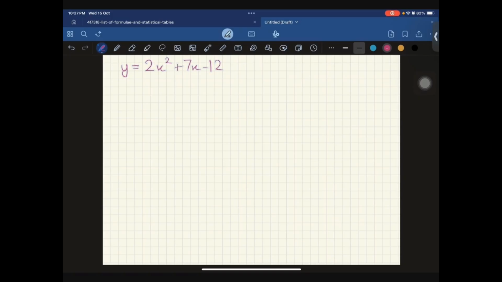Sir, will it be like 7 upon 2 plus 7 upon 2 square minus 7 upon 2 square? So it will be 7 upon 2 x plus 7 upon 2 square minus 7 upon 2 square. Yeah, it will be like that.